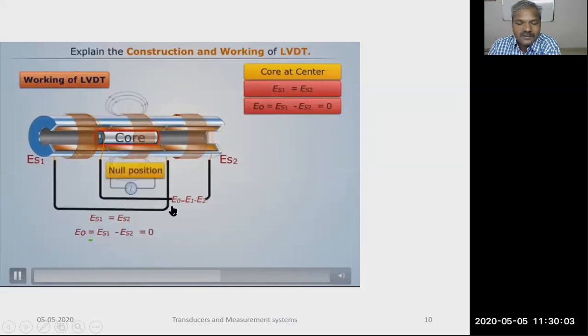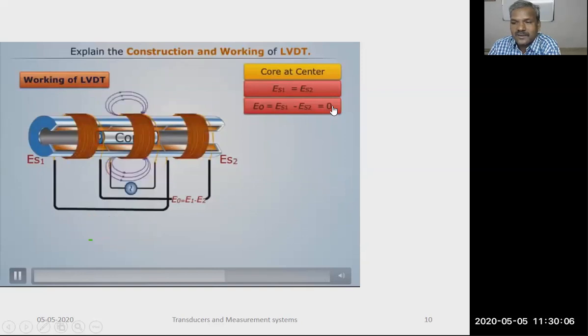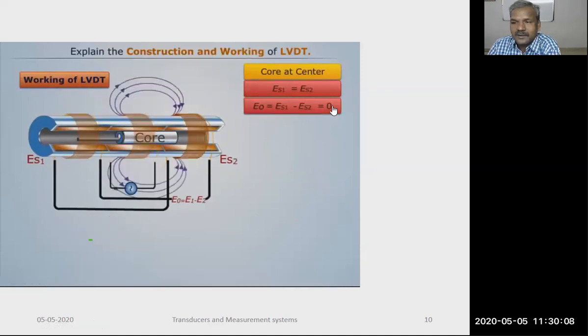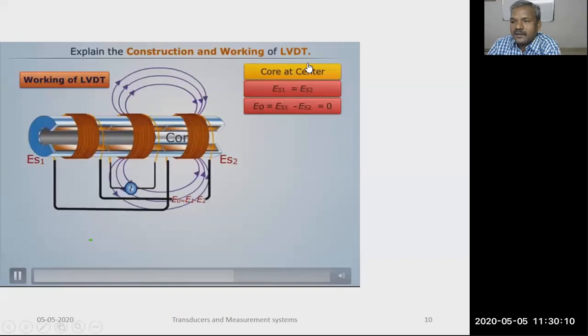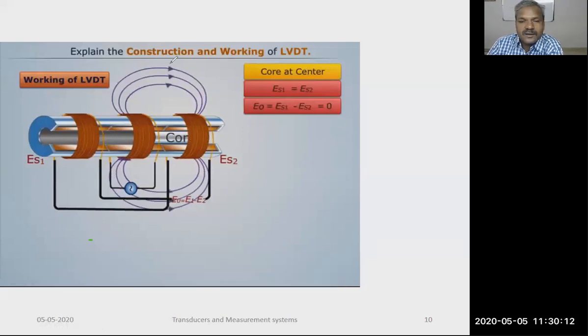So actually this is 0, but strictly speaking, we may not have 0 here. We will get a small output, say 0.001 volt, because there is residual magnetism in this field.